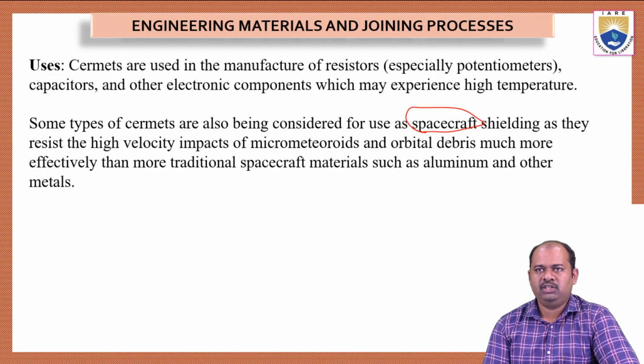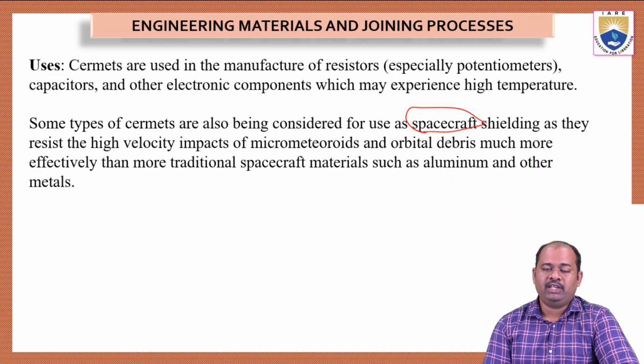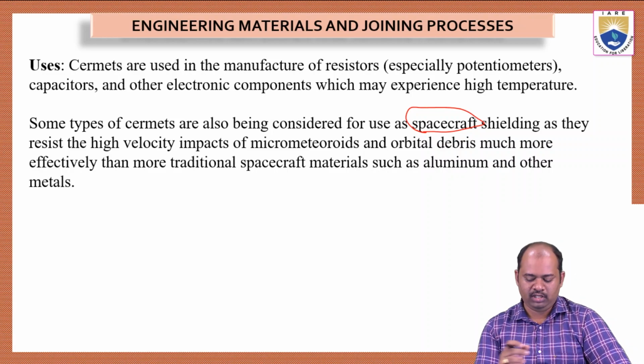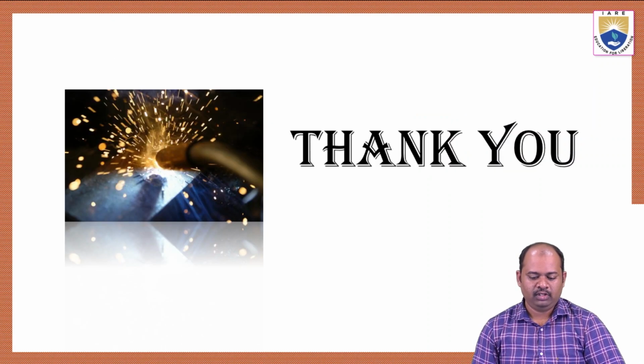This space debris is also very dangerous for the spacecrafts which are currently running. So traditional materials such as aluminum have to be replaced by these cermets, so that we can improve the impact loading capacity. Then micrometeoroids and space debris will not cause any damage to the surface of the spacecrafts.